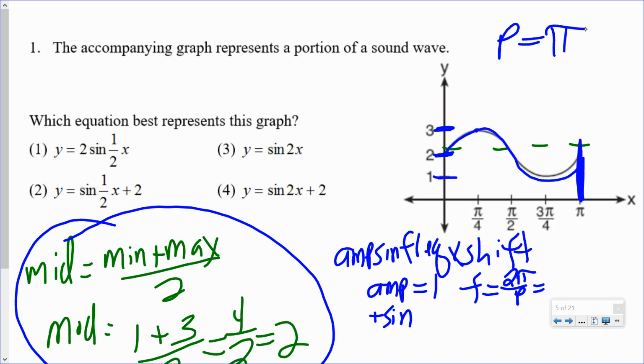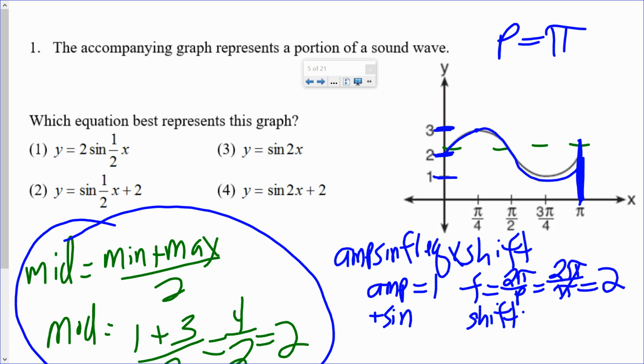So the period is pi because the full wave ended at pi. So it's 2 pi over pi, which is 2. And then my shift is my midline, which again is 2.